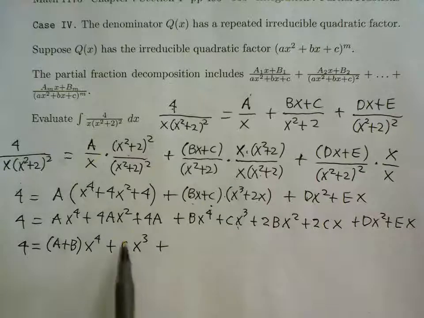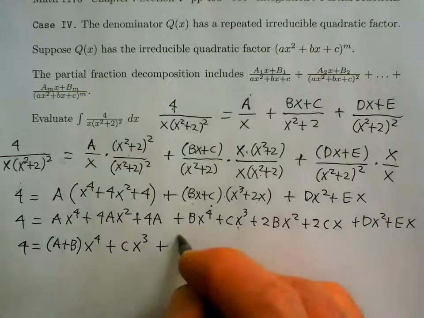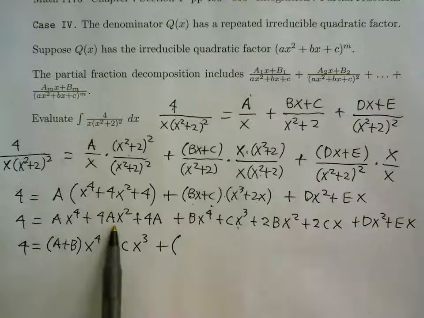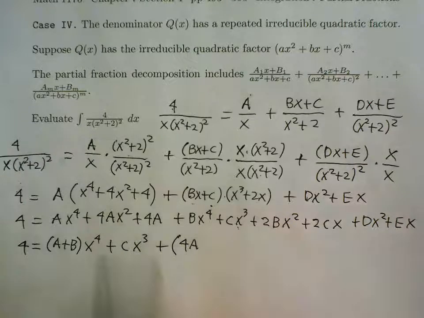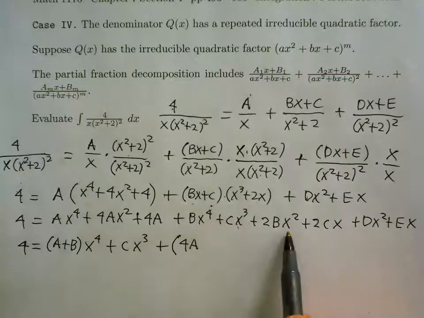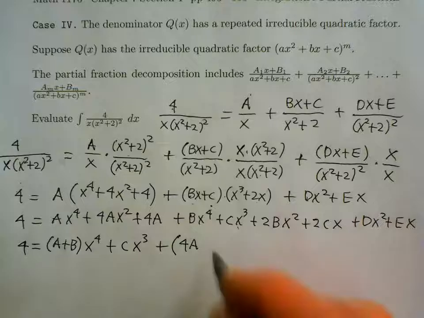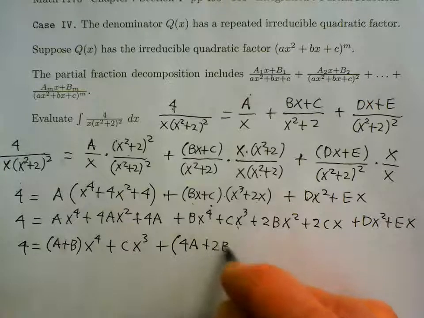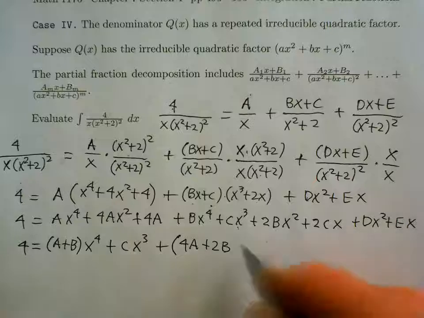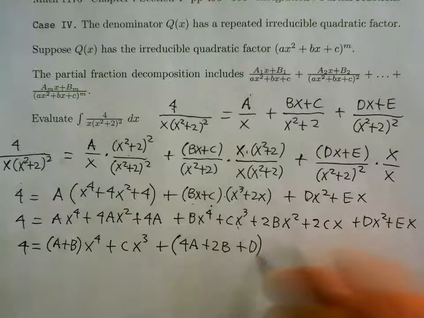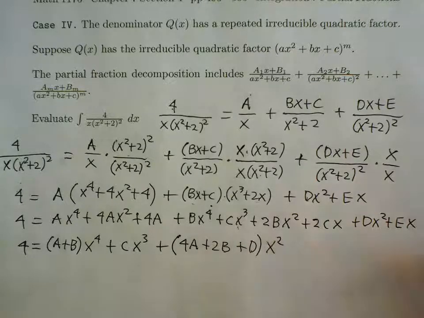And then we have the x squared terms. So the coefficient of this x squared term is 4a. The next x squared term has a coefficient of 2b, so plus 2b. And then plus dx squared, so plus d, and this quantity multiplied by x squared.